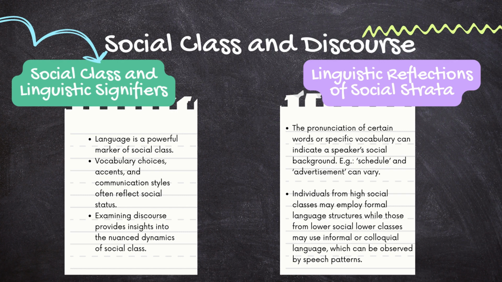Example: the pronunciation of the words schedule and advertisement can vary. Individuals from high social classes may employ formal language structures, while those from lower social classes may use informal or colloquial language, which can be observed in speech patterns.